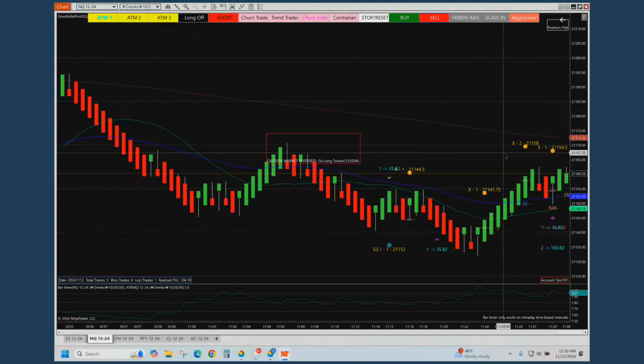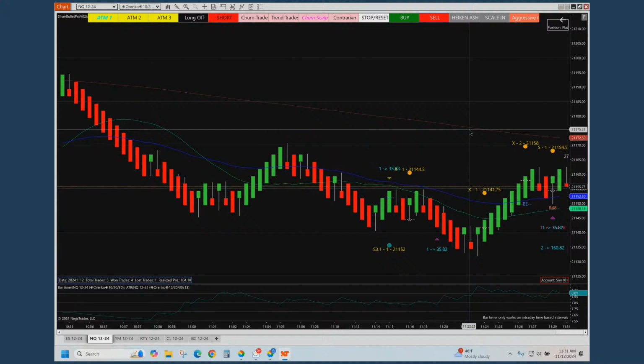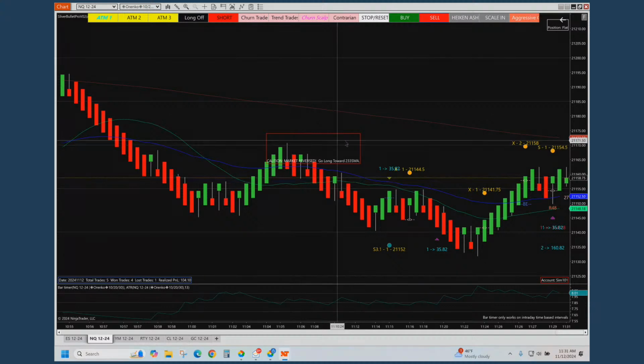It will take churn scalper, meaning it's the same as super scalper short, but only if the price is above the green line, above the 21 SMA. I can take that trade, or I can also try and take contrarian if there is a push up. Price comes to this level, I will take a contrarian trade. This is the resistance, and there is a 233 SMA as well. So if price goes up, I will go for contrarian. If not, I'll wait for churn scalper.